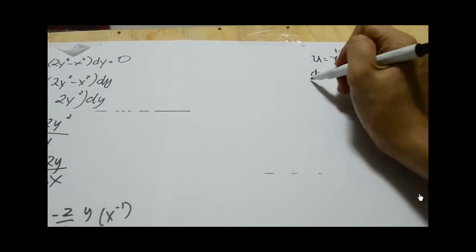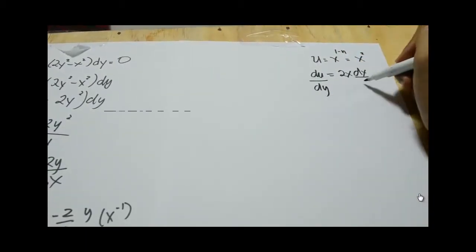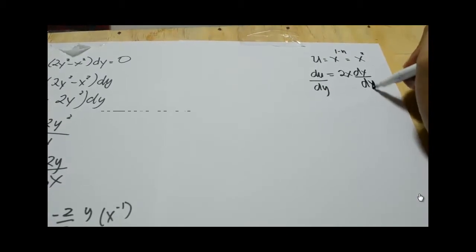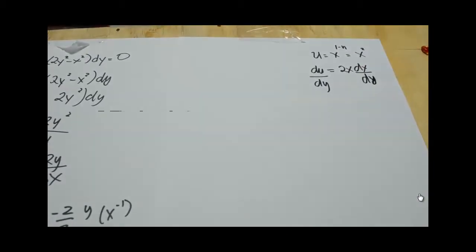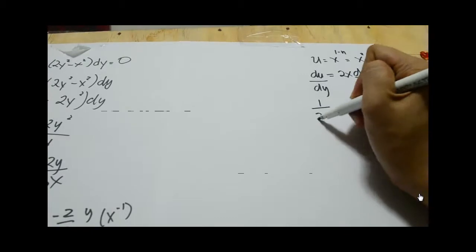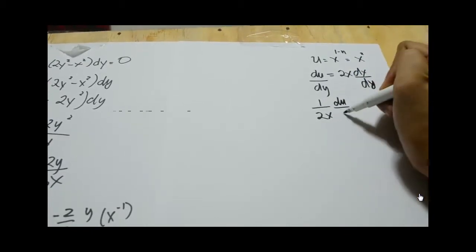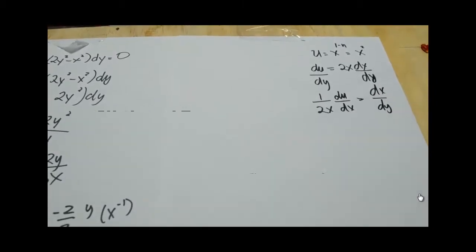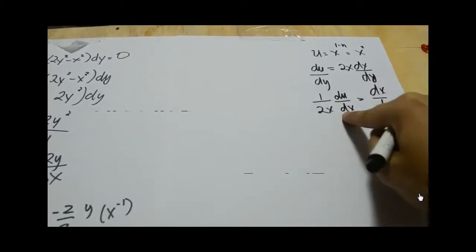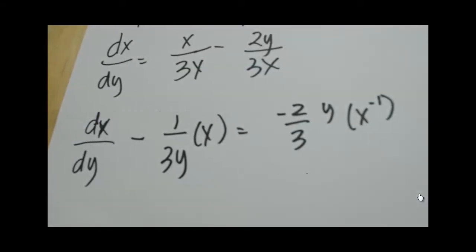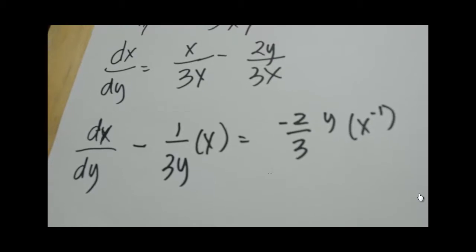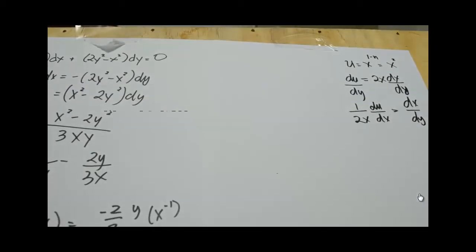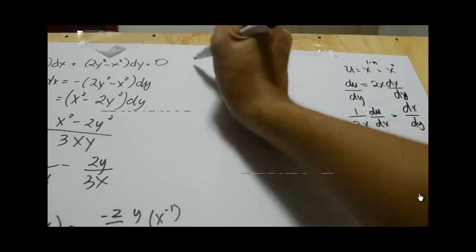With respect to y we have du over dy equals 2x dx over dy, and therefore we get 1 over 2x du over dy equals dx over dy, wherein we can substitute this equation to the original one, dx over dy minus 1 over 3y times x equals negative 2/3 y x to the negative 1.